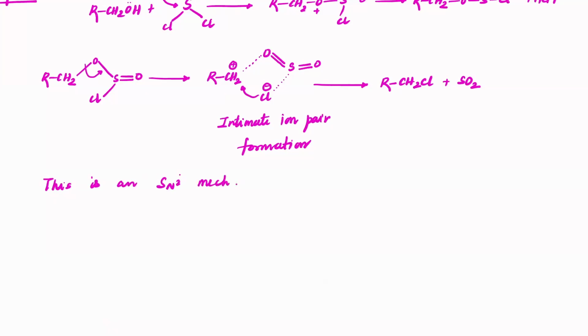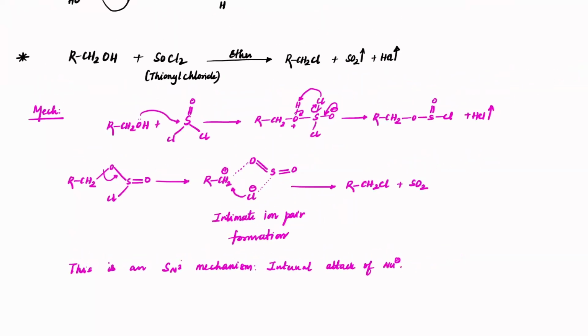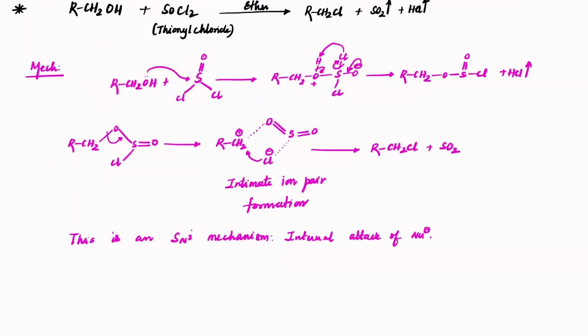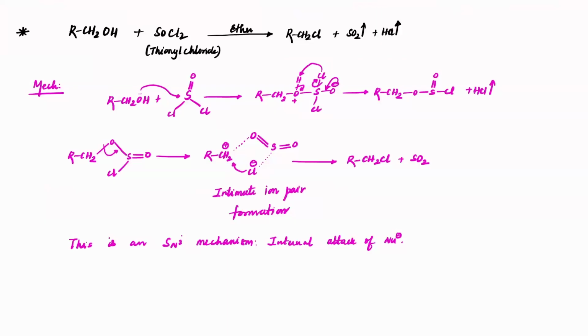This is called SNi mechanism. SNi means internal attack. Okay. Internal attack of nucleophile. So that is the internal attack of nucleophile, and we call it SNi attack. Please go through it once quickly, everybody.